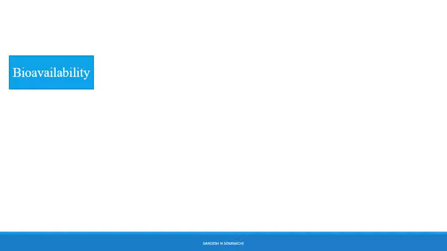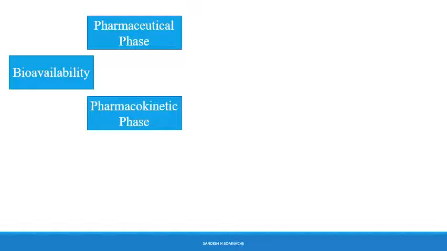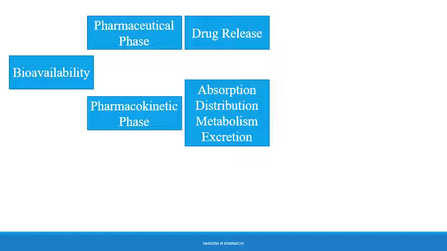Basically, it depends upon two phases, that is the pharmaceutical phase and the pharmacokinetic phase. The pharmaceutical phase deals with the release of drug from the administered drug product. ADME means absorption, distribution, metabolism and excretion of a drug molecule.